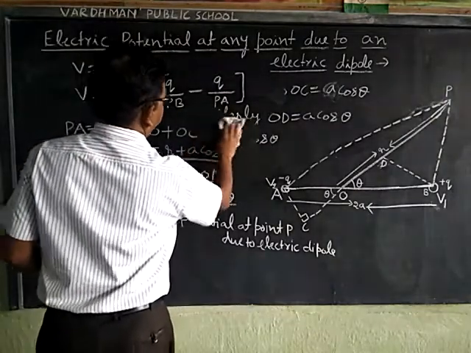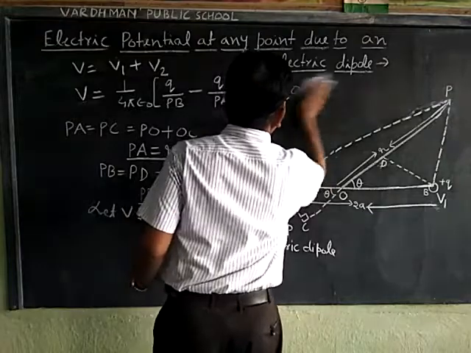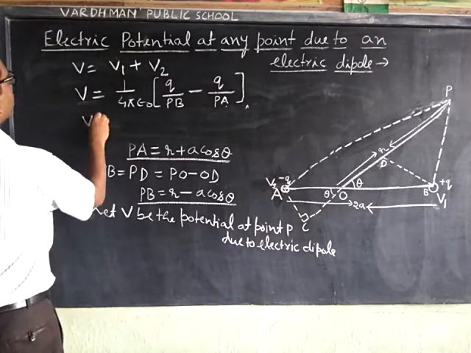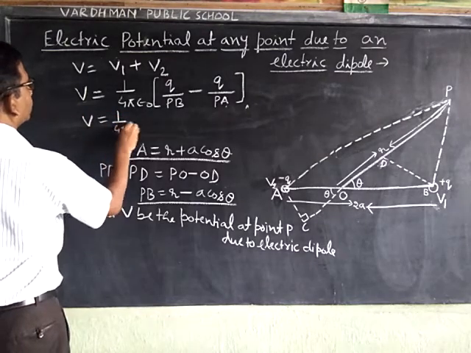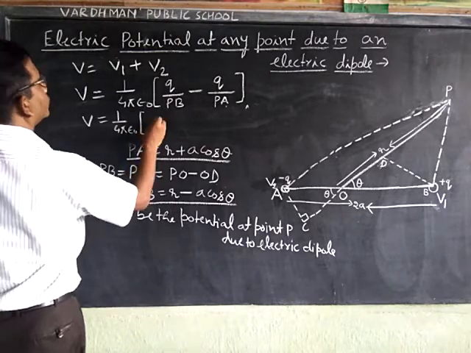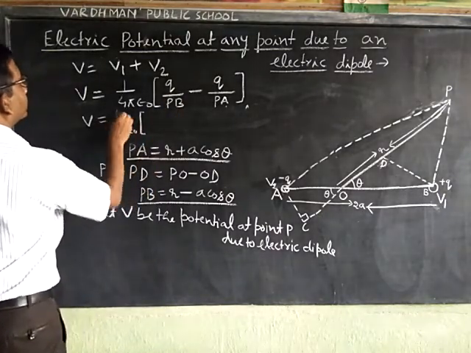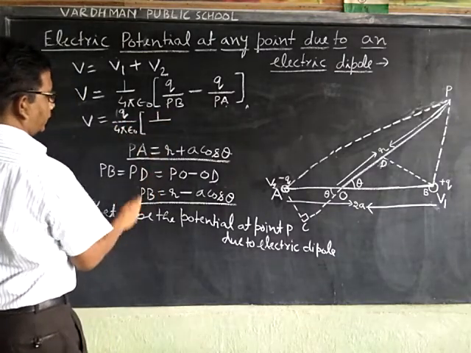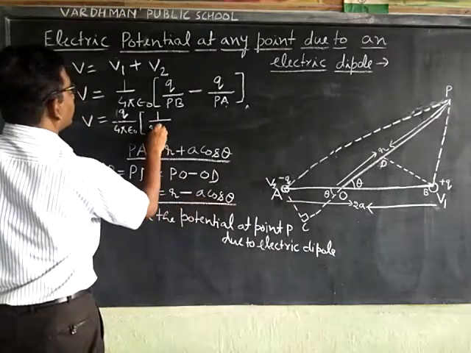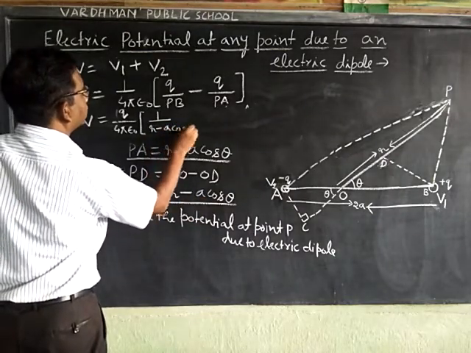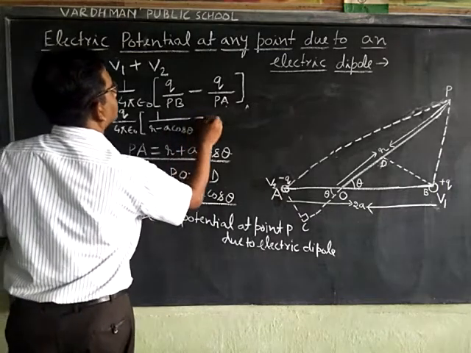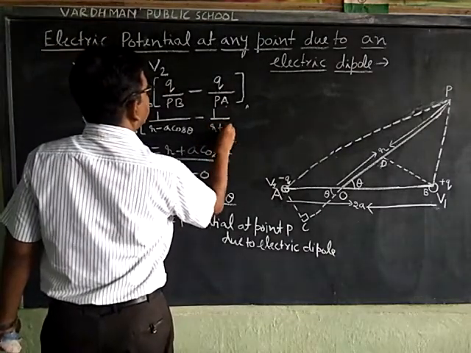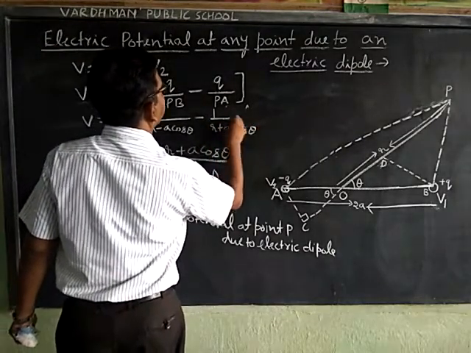Thus we can write V is equal to Q upon 4 pi epsilon naught, taking Q common, times 1 upon r minus a cos theta minus 1 upon r plus a cos theta.